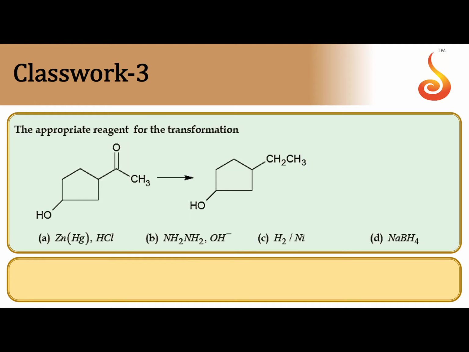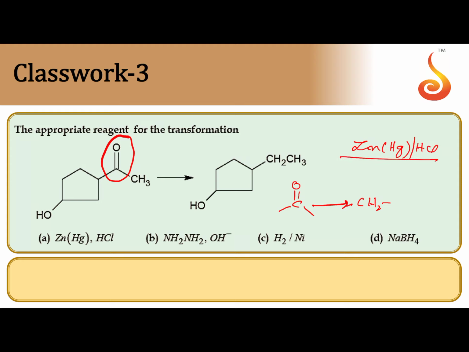Next, the appropriate reagent for the transformation. What is the change observed? The C double bond O keto group gets converted into CH2. Conversion of CO to CH2 is done by Clemmensen's reduction as well as Wolff-Kishner reduction. In Clemmensen's reduction we have to use zinc amalgam and concentrated HCl.